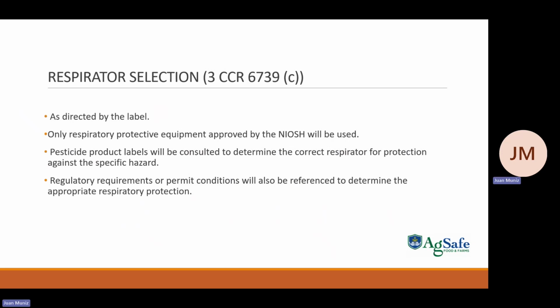So the NIOSH, National Institute for Occupational Safety and Health, is the federal institute responsible for conducting research and making recommendations for the prevention of work-related injuries and illness. So they do research and set the norms or the standards, and then the regulatory bodies will adopt those standards.